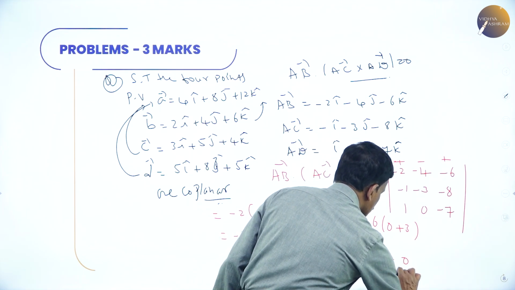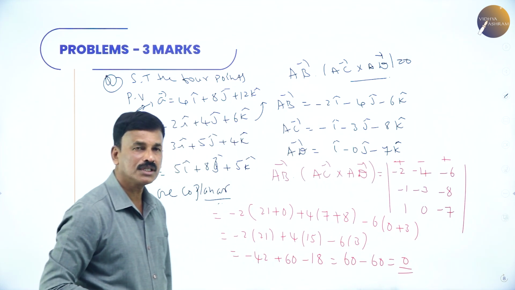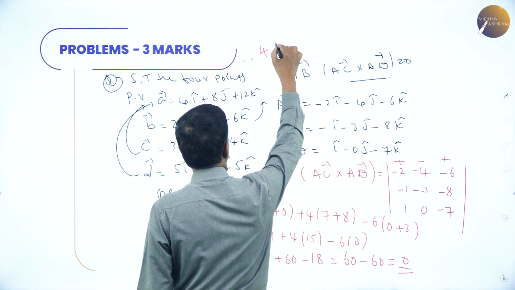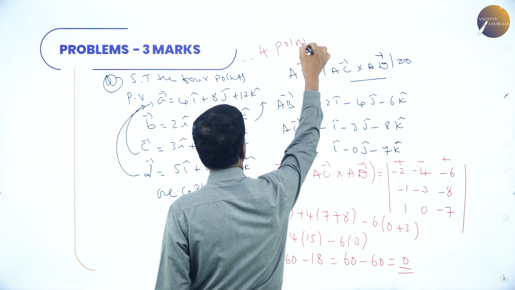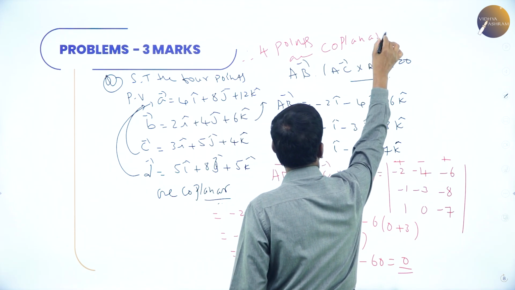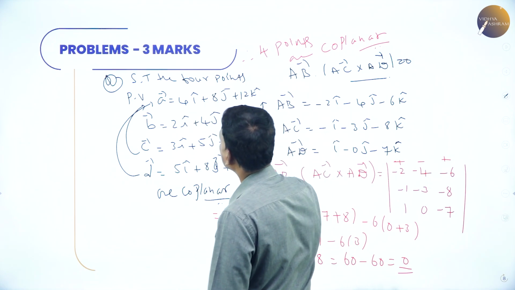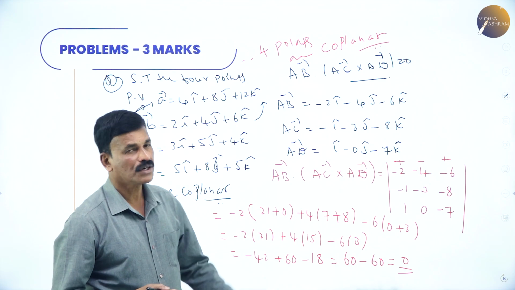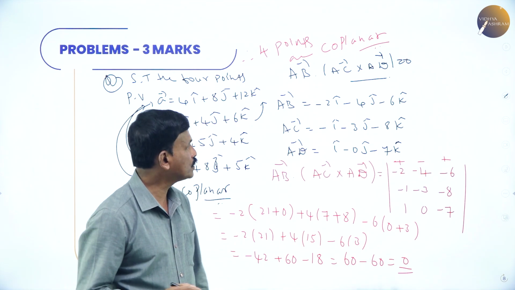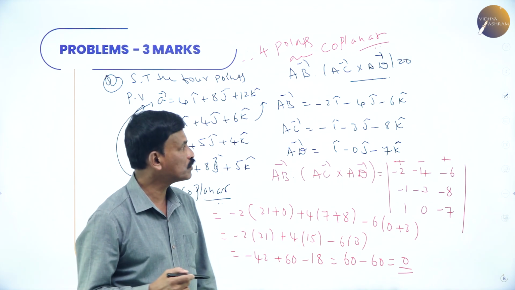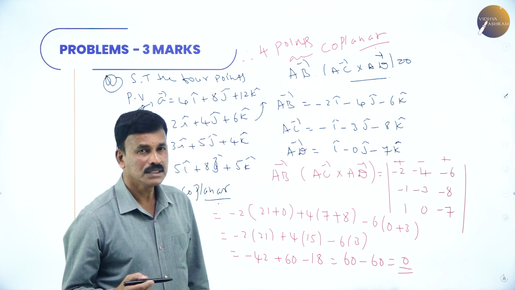What is 60 minus 60? It is equal to 0. That means the 4 points are coplanar. Very important for 3 marks. So, to verify coplanarity, just find out the box product of AB dot AC cross AD, that is the box product of vectors AB, AC and AD.